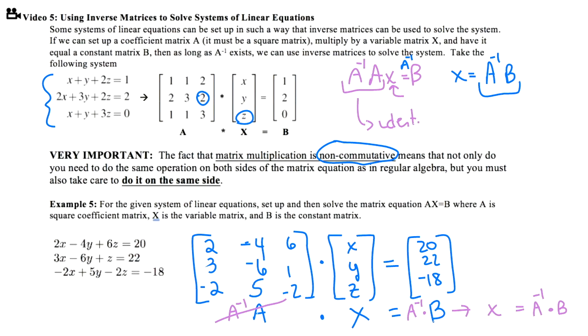They make the identity matrix. So it's really just the identity times X. But you can think of it in terms of how you're used to solving equations. So let's look at this on the calculator now and see how we would do this product in the calculator.